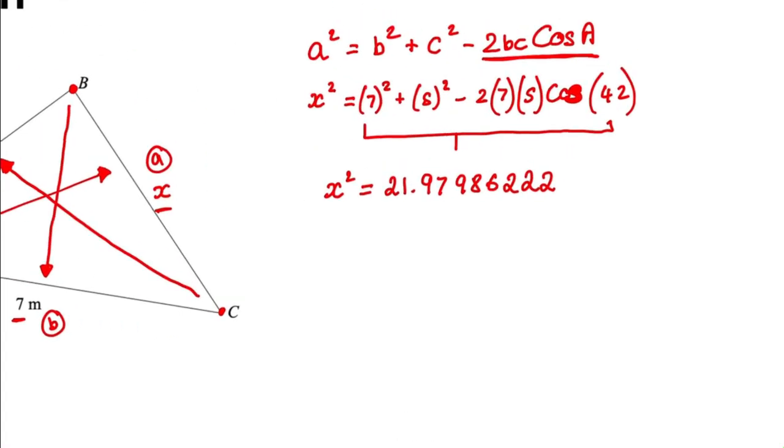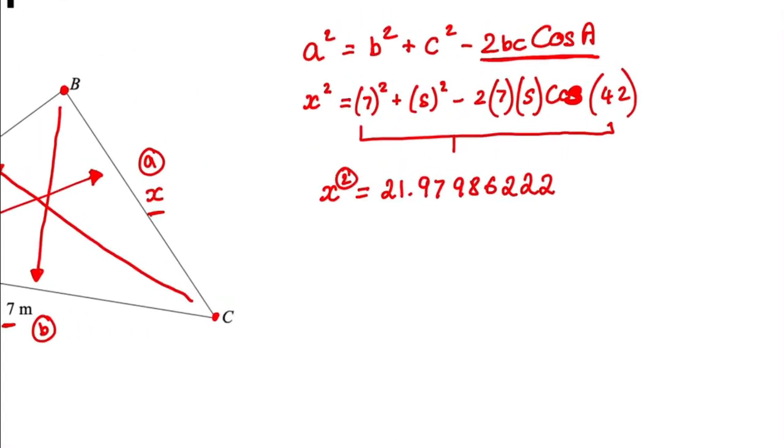Okay, but we don't want x squared, we just want x. So we need to do the opposite of squaring something to get rid of that squared. So we're going to square root everything which is on the right side. So 21.9798622.